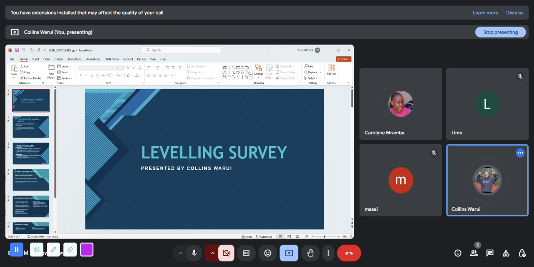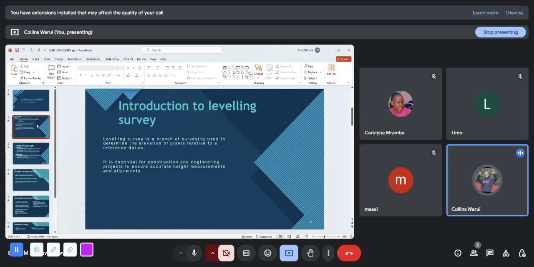Yes, a good try. So, leveling survey is a branch of surveying used to determine the elevation of points relative to a reference datum. This is essential for construction and engineering projects to ensure accurate heights, measurements, and alignments.